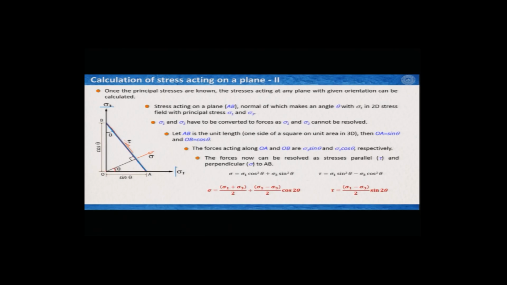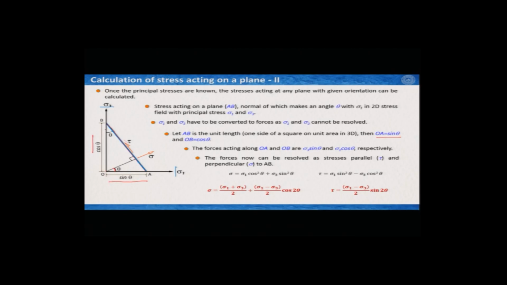Now, we have to figure out what is the shear stress and what is the normal stress acting on the plane. Now, clearly you cannot resolve it directly. So, we have to first convert these stress components to force components. So, if we consider AB is the unit length, then OA would be sin theta and OB would be cos theta.